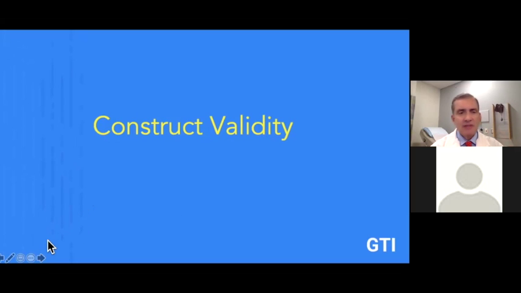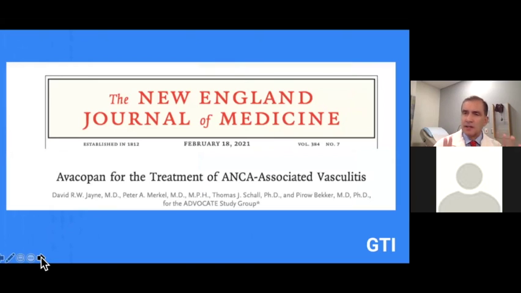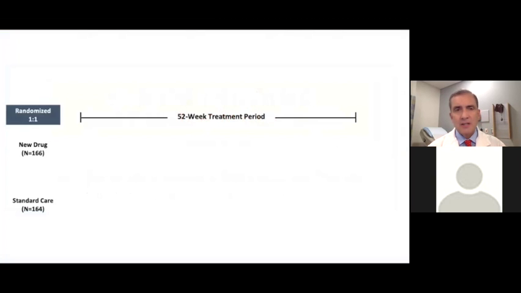And we have a lot of data around this now. So the data that I'm going to talk with you about come from a trial that was published in the New England Journal of Medicine in February, a trial of avacopan, a first-in-class complement inhibitor for the treatment of ANCA-associated vasculitis. So I'm going to show you the data related to the GTI that were collected in the context of that trial.